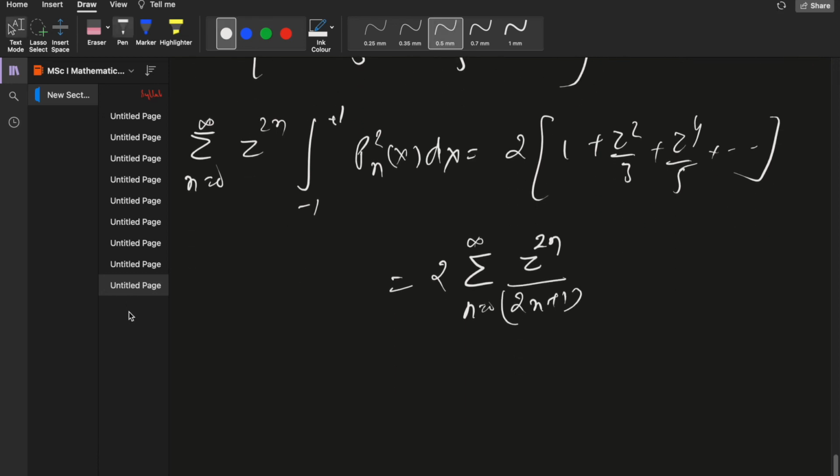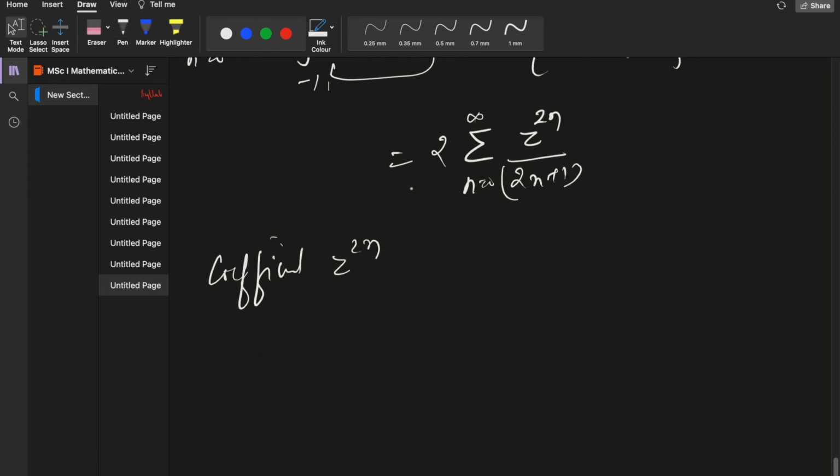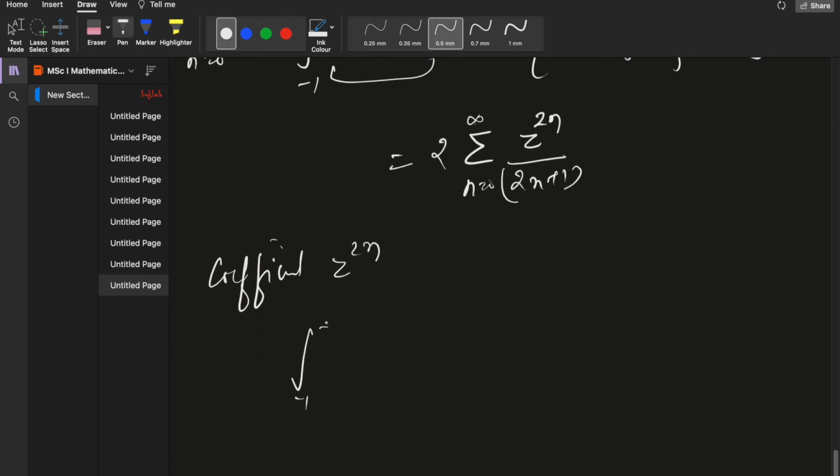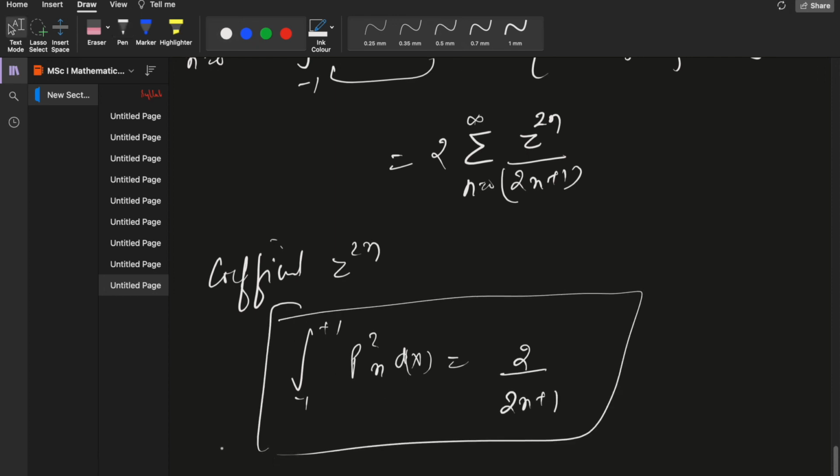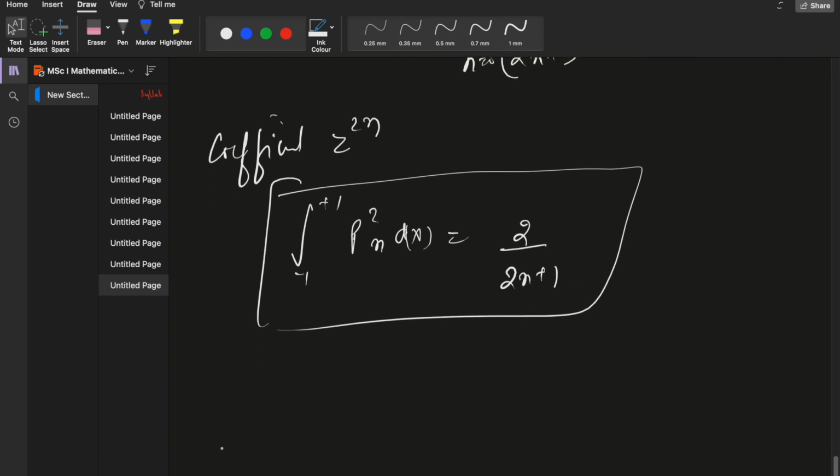So on comparing the coefficient of z to the power 2n on both sides, we will have the integral from minus 1 to plus 1 of P_n squared dx equals 2 over 2n plus 1. So this is the second orthogonal property of Legendre polynomial.